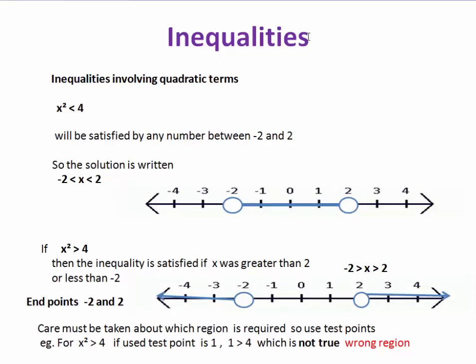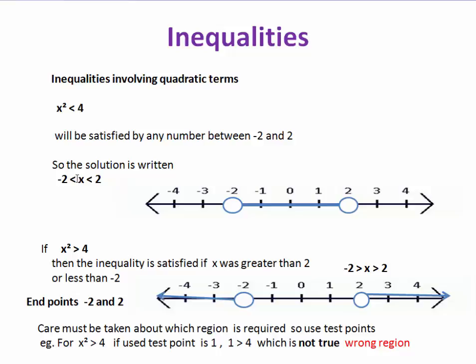When we've got an inequality involving a quadratic term, that means something like an x squared. So here we've got x squared is less than 4. We have to square root here to get the x. And remember, when we square root something, we're left with a minus and a plus as our solutions.